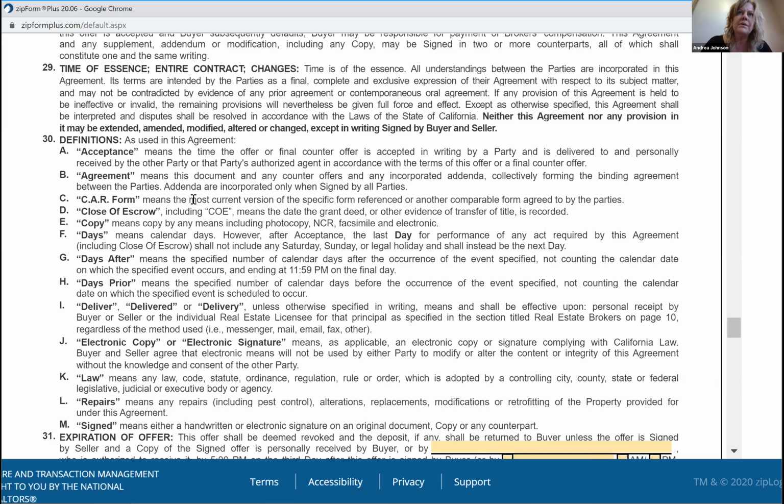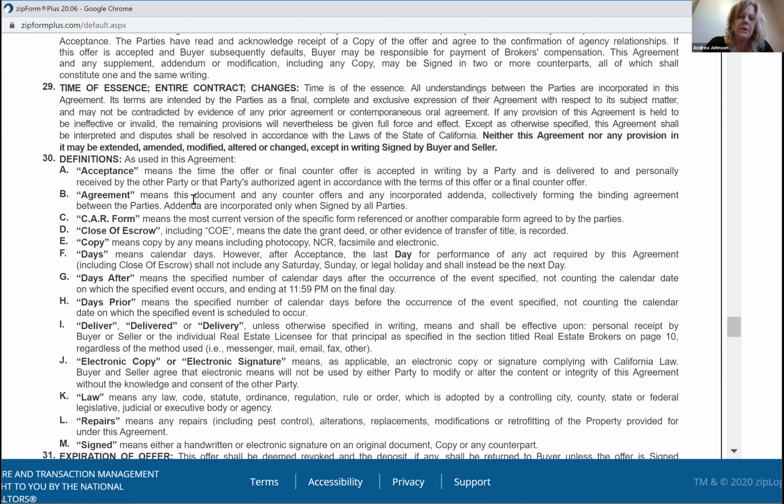No matter what the MLS says, if you didn't put it in this agreement, it's not included. And your client is going to wonder why. And I'm going to say that you may be the one buying the refrigerator. So don't assume because it's in the MLS that it's part of the agreement.